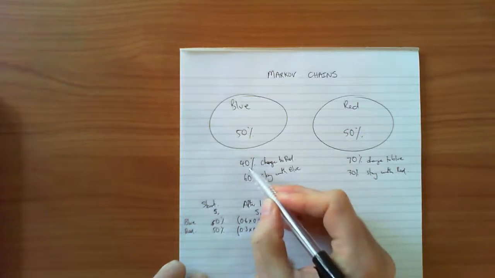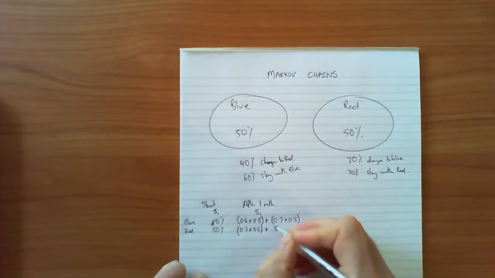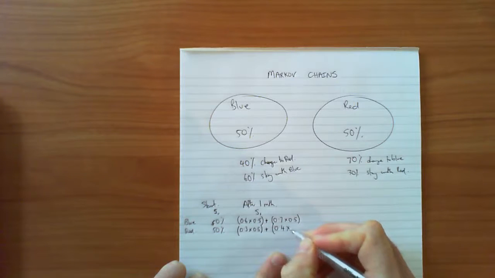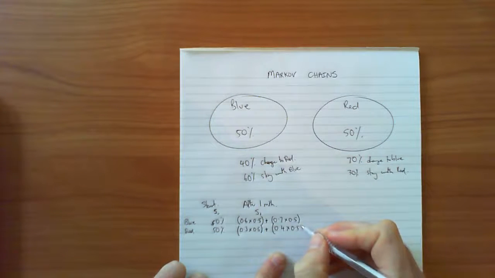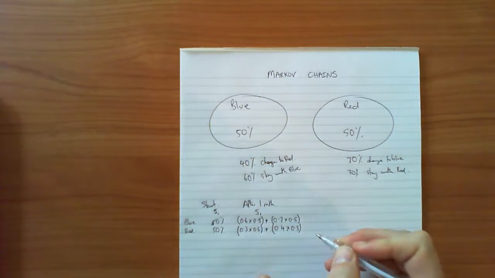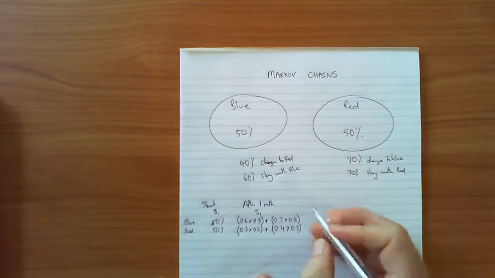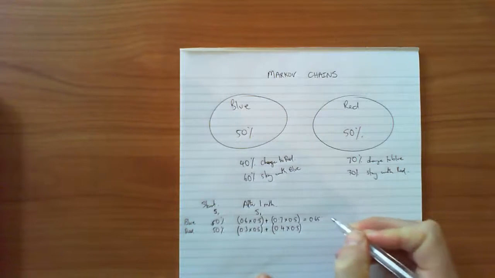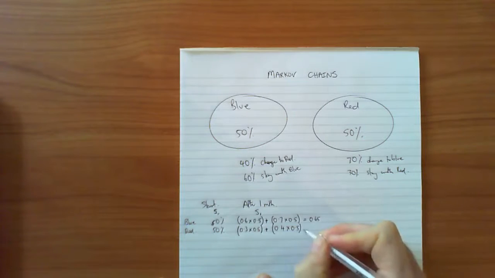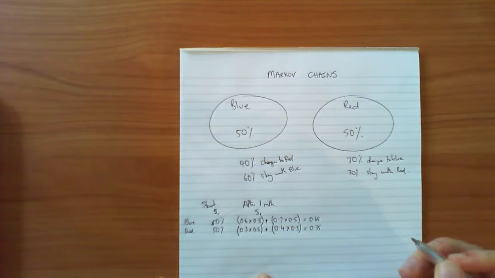Now those that moved over were 40% of these guys. 40% changed to red. So 0.4 lots of the current percentage of those drinking blue that changed to red. Now if you type these into your calculator, you'll find that this is equal to 0.65 or 65%, and this one is equal to 0.35 or 35%.